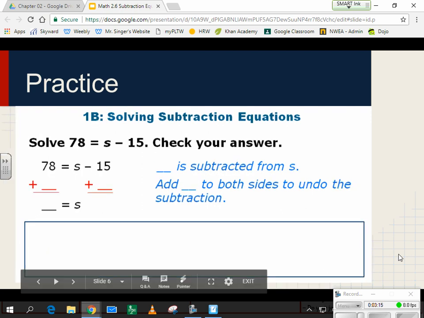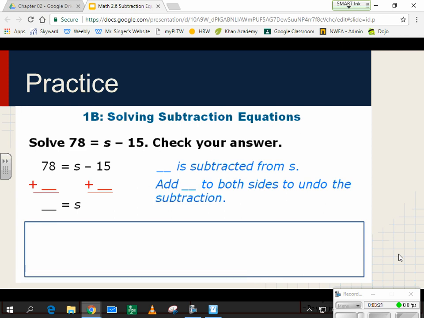Here's another one we can look at. So we have 78 equaling s minus 15. All right, so the opposite of subtracting is adding. So what are we going to add to both sides? The answer should be 15. Okay, so 15 is subtracted from s, and we're going to add 15 to both sides.